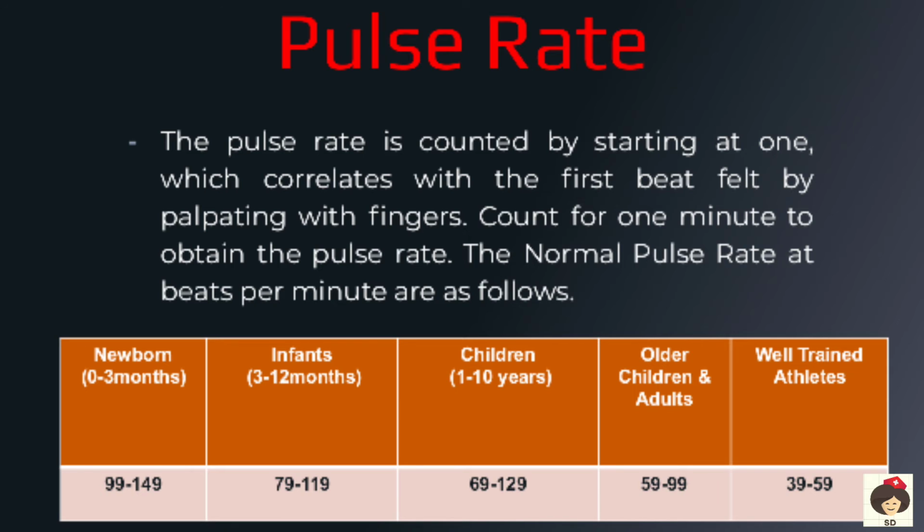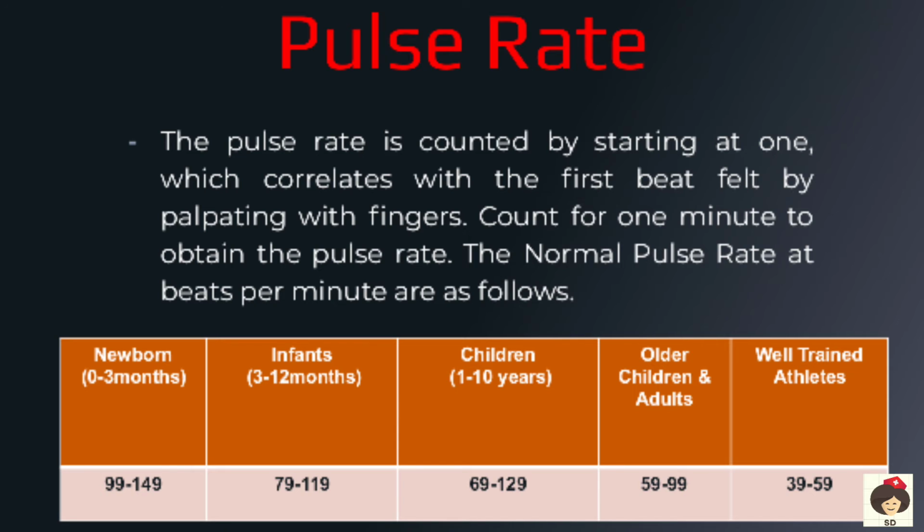So in case of newborns, the pulse rate will be 99 to 149, and infants, that is from 3 to 12 months, it will be 79 to 119, and for children from 1 to 10 years, it will be from 69 to 129 beats per minute, and for older children and adults, it will be from 59 to 99 beats per minute.